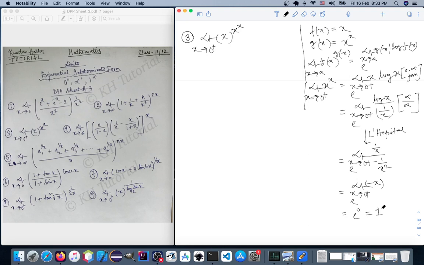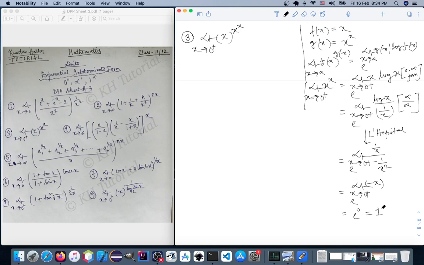Okay, so g(x) is tending to 1, so it has the form f(x) tending to 0, 0 to the power 1.